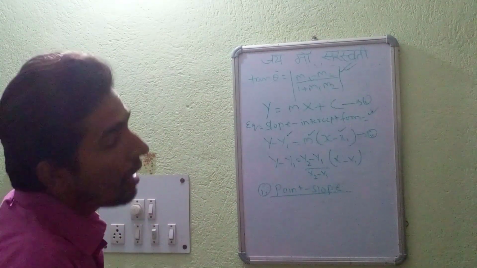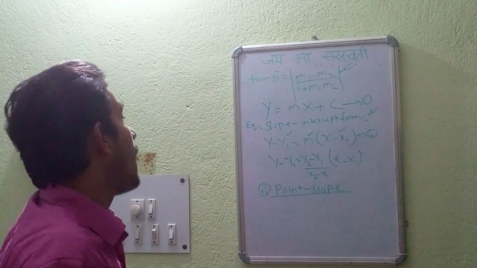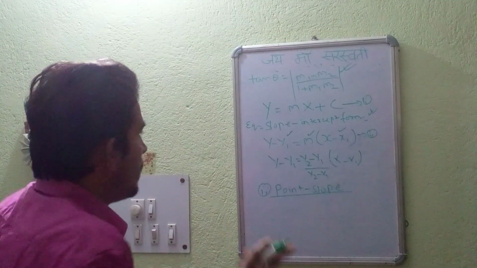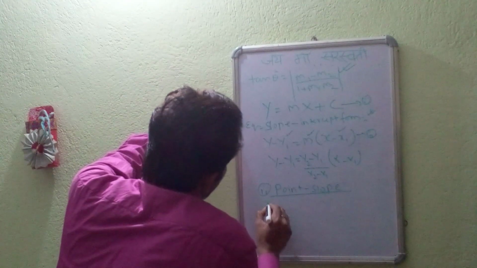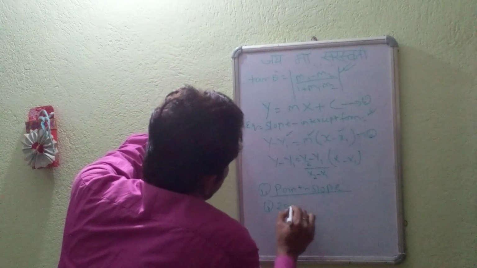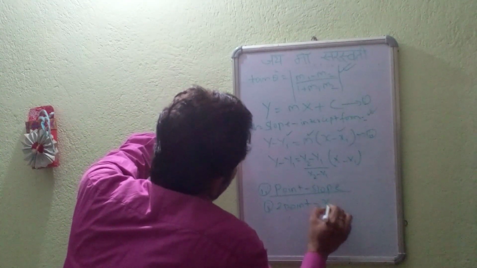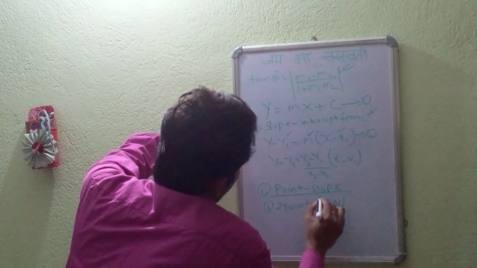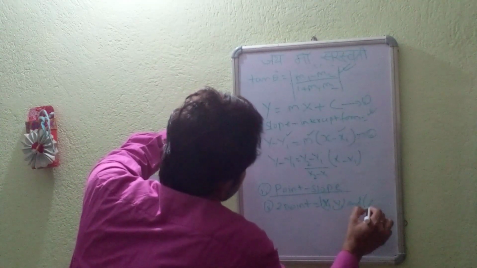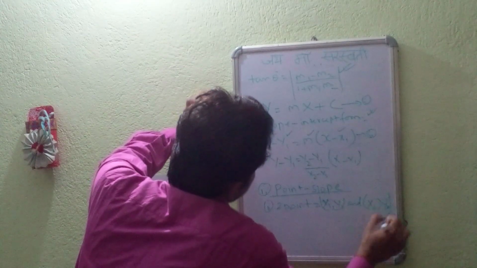The third equation is the two-point equation. We will be having only two points. The first point is x1 y1 and the second point is x2 y2.